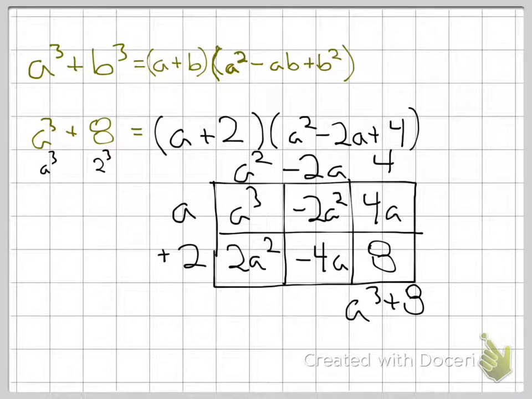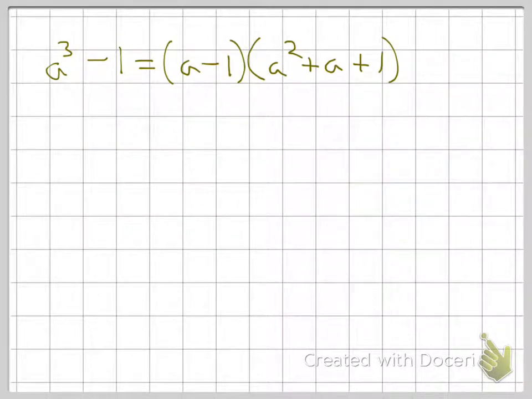So, if I looked at this one, a cubed minus 1, I meant to erase that answer. This is, as we say, a to the third and 1 to the third. So seeing where the pattern is holding up, this is still the first one.